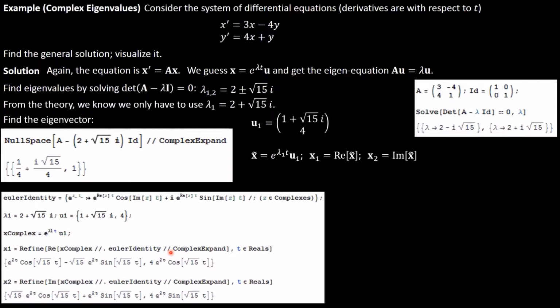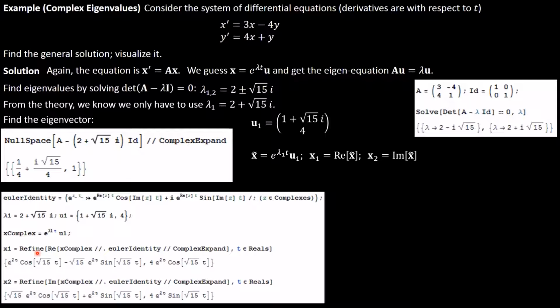I think I'll put some kind of further explanation for that on my website, because I realize there's so much happening here. We're taking our original solution, we're applying an identity, expanding, taking the real part, and then this refining thing is probably pretty mysterious to you. If you're curious, you can always read the documentation for what refine does.